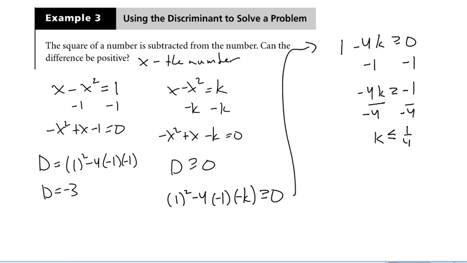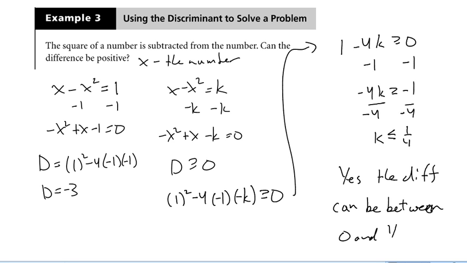So I get k is less than or equal to 1/4. So we do have some positive numbers there. Basically, between 0 and 1/4, those are possible differences, positive differences. So yes, the difference can be between 0 and 1/4.